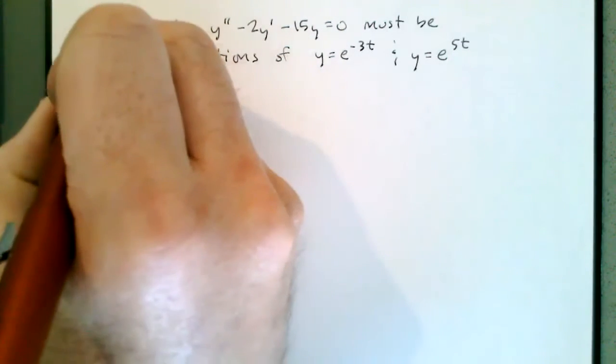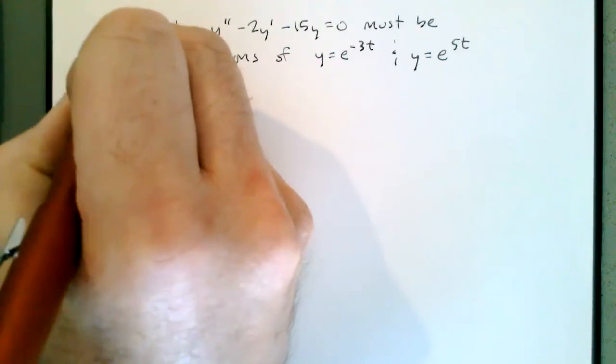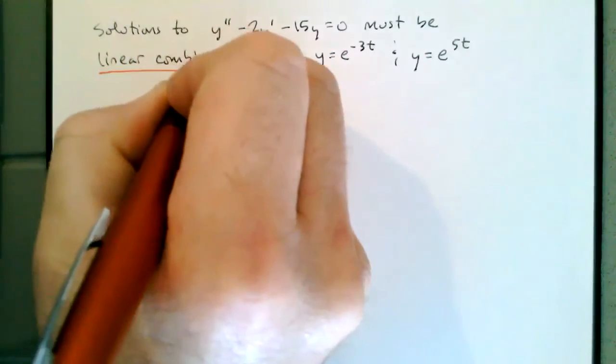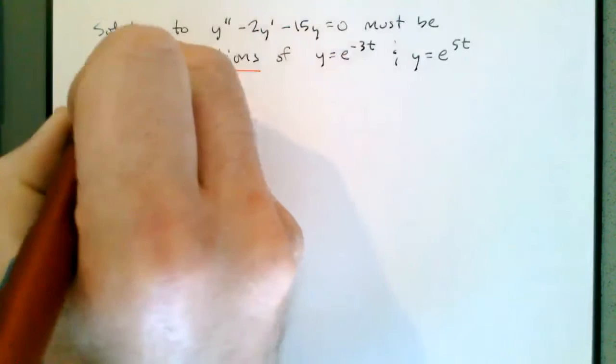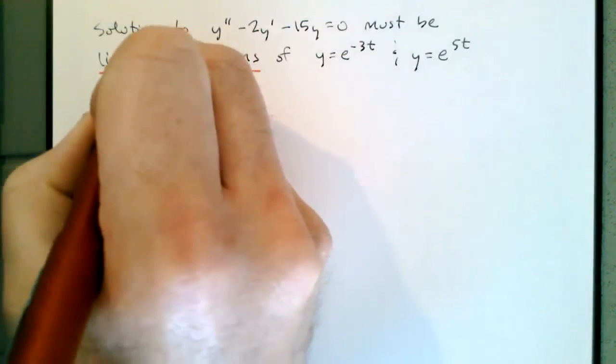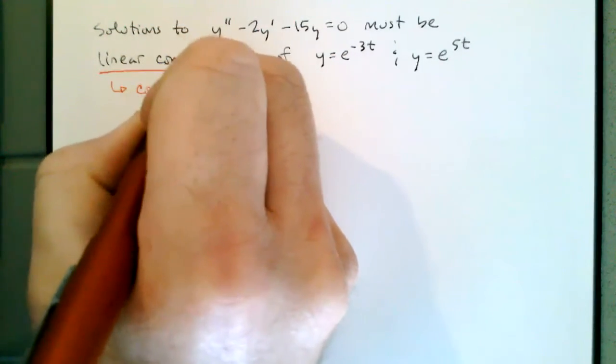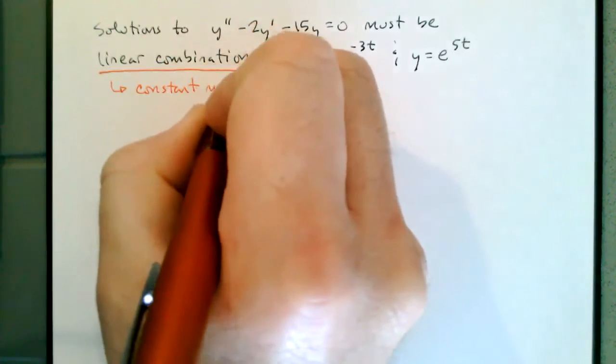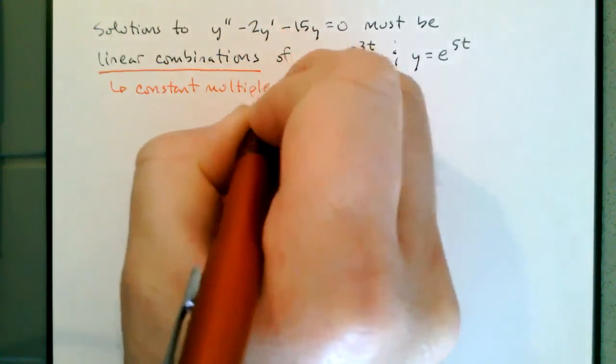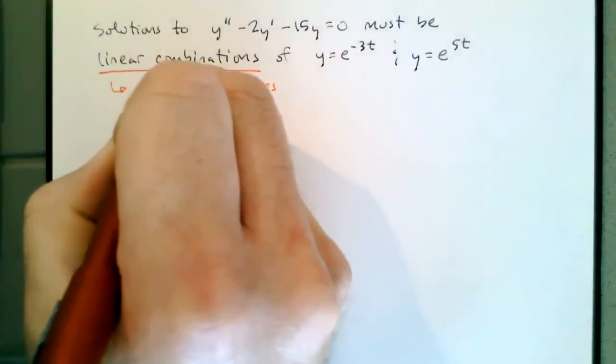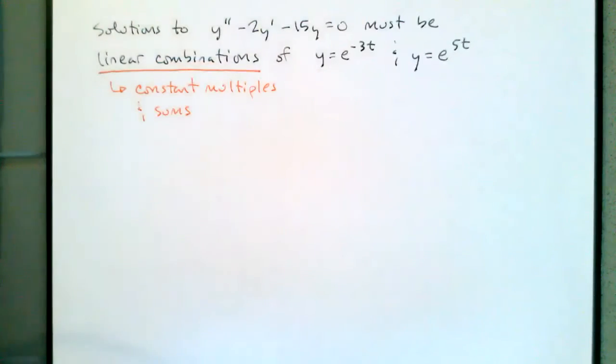So this is a specific term, linear combinations. A linear combination is just a constant multiple or a sum of constant multiples. That's what makes a linear combination.